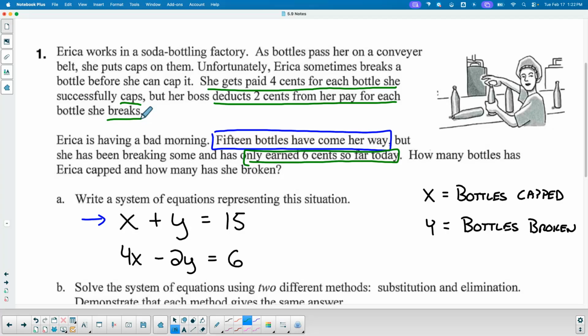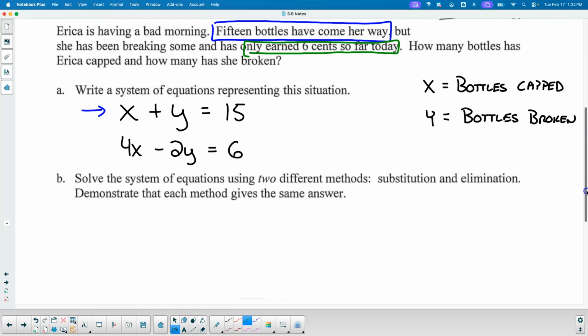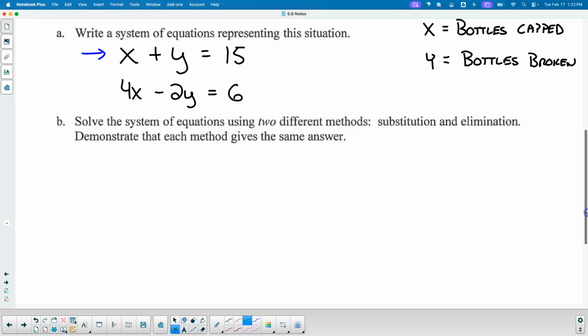All right? So now it's asking us to solve that system of equations using 2 different methods, substitution and elimination. So we'll do substitution first. For substitution, I need to solve one of our equations for one of our variables.